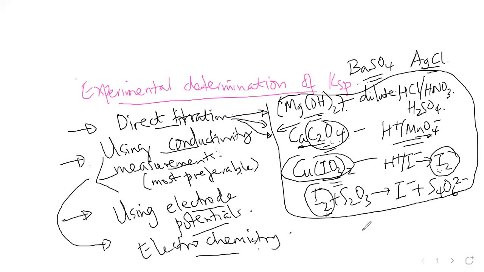So those are the three most common methods that you can use to determine solubility product constant experimentally. The first two methods, we shall use them in this topic. But we shall see more about conductivity measurements and electrode potentials when you reach electrochemistry. However, if it's an examination, any method can be used, for you are not always restricted. Are we together?